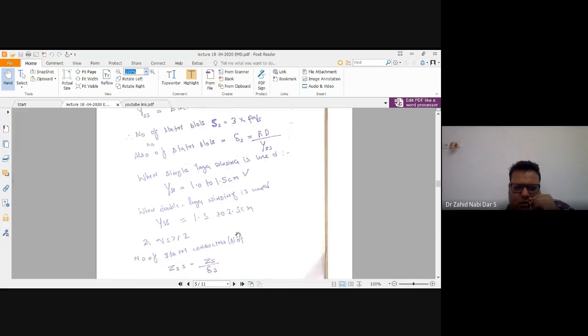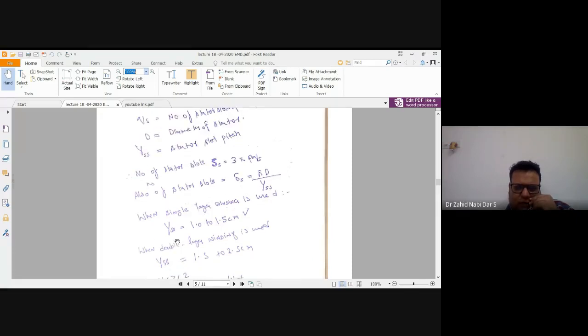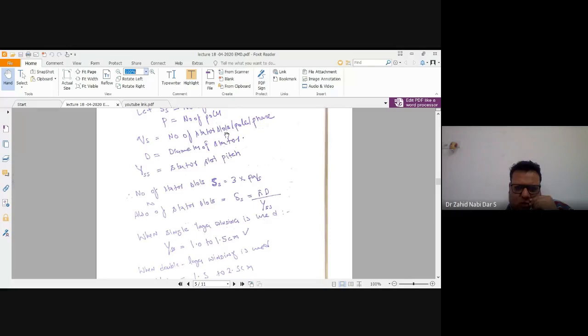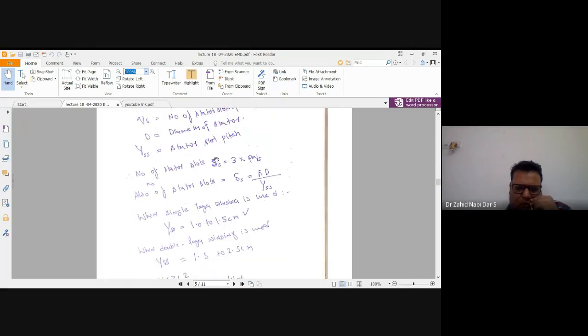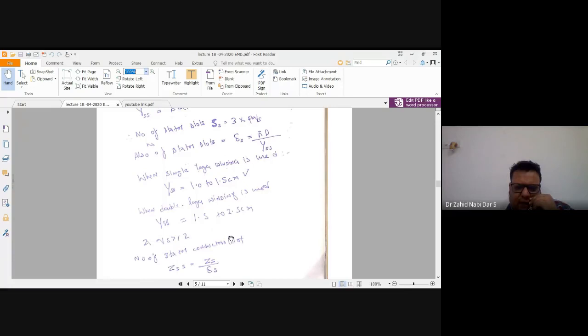And usually your QS, that is the number of stator slots per pole per phase, will be greater than or equal to 2. It cannot be less than 2. It will always be greater than or equal to 2.